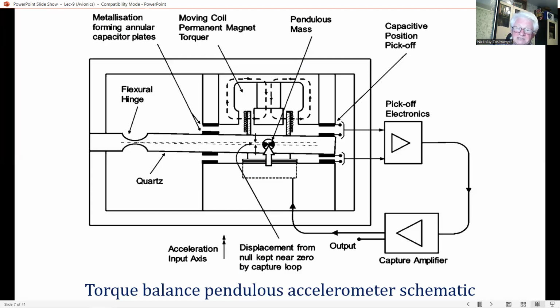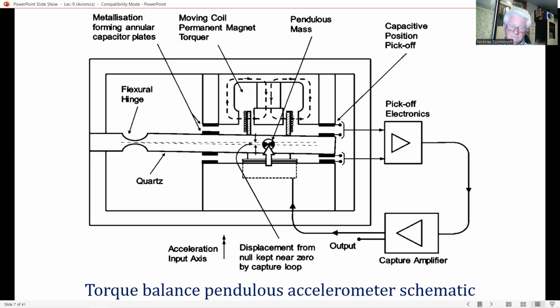A temperature sensor is generally incorporated in high accuracy accelerometers to enable temperature-dependent scale factor errors to be corrected. Typical size is around 2.54 centimeters or 1 inch diameter and 2.54 centimeters or 1 inch in length.